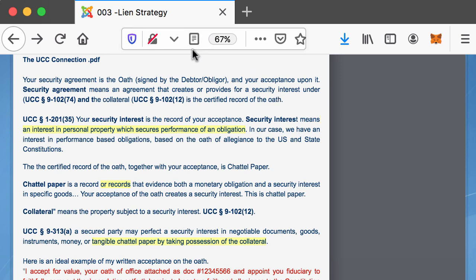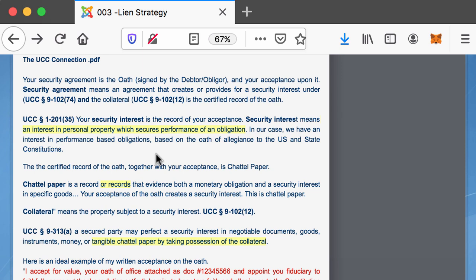Under UCC 1-201, paragraph 35, it gives you the definition of a security interest. A security interest means an interest in personal property which secures performance of an obligation. Again, what does that show you? That's what the oath is. So when you put your acceptance on an oath, you create a security interest. Your acceptance on that actual certified record is a security interest.